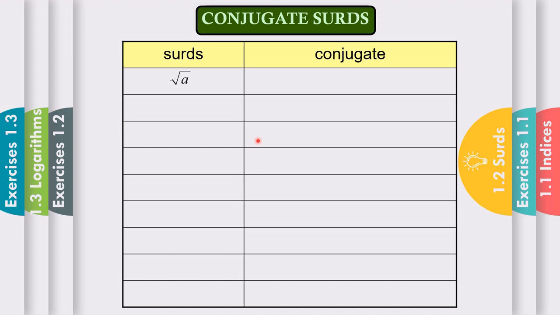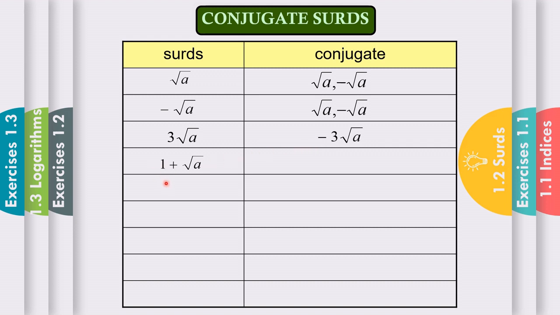Conjugate of surds. Surd a, the conjugate is surd a or negative surd a. If you have negative surd a, the conjugate is similar to the first one, surd a or negative surd a. If you have a coefficient in front of the surd, if it is positive, then the conjugate is negative.